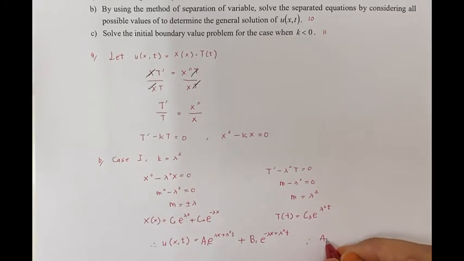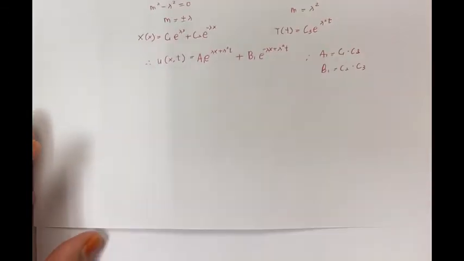A1 is basically C1 times C3, and B1 is C2 times C3. Moving to the second case.